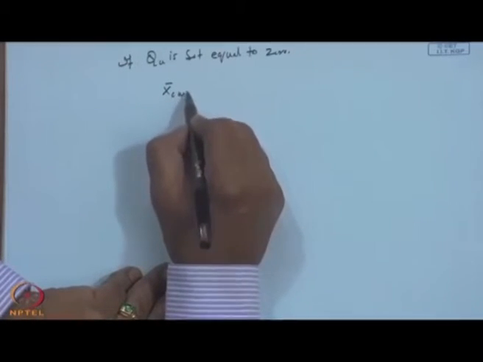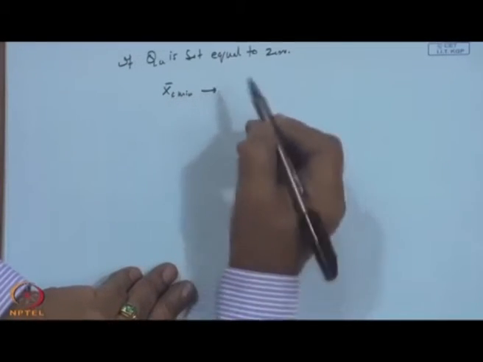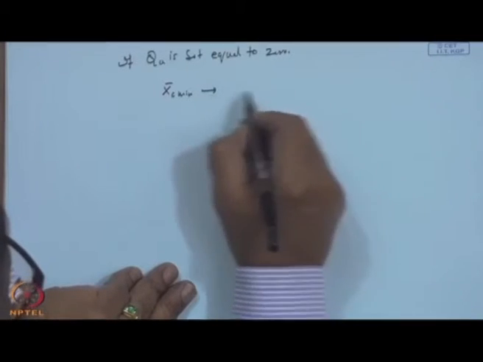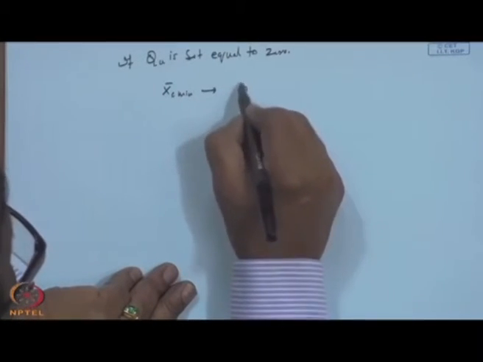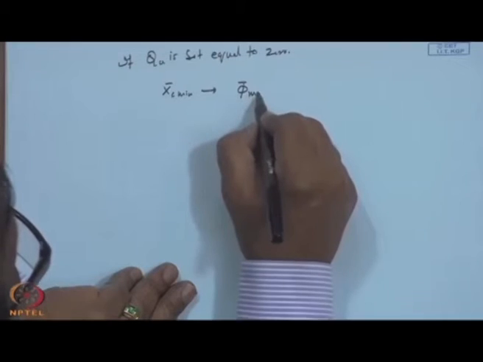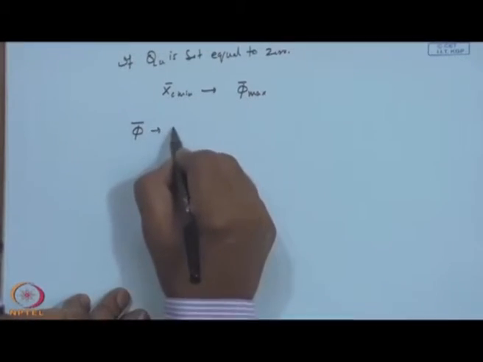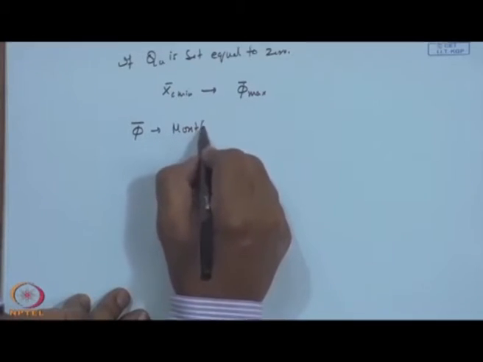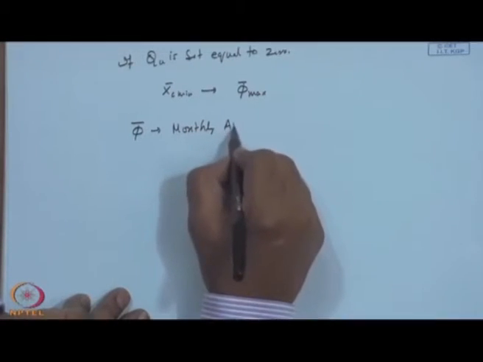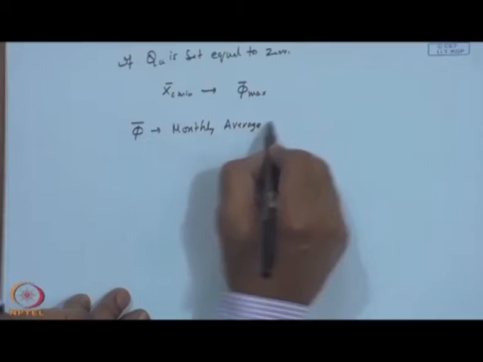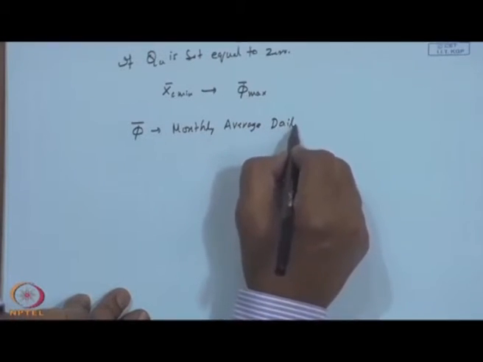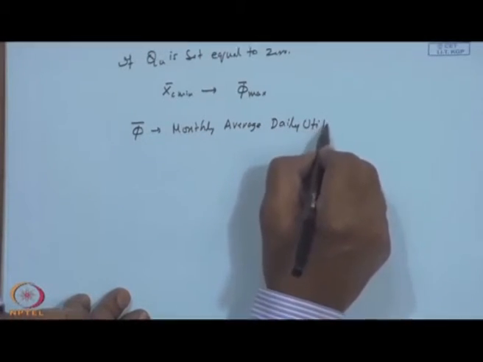So, this x c bar minimum will correspond to, we will spend considerable time on some monthly, and phi bar in general is the monthly average daily utilizability.